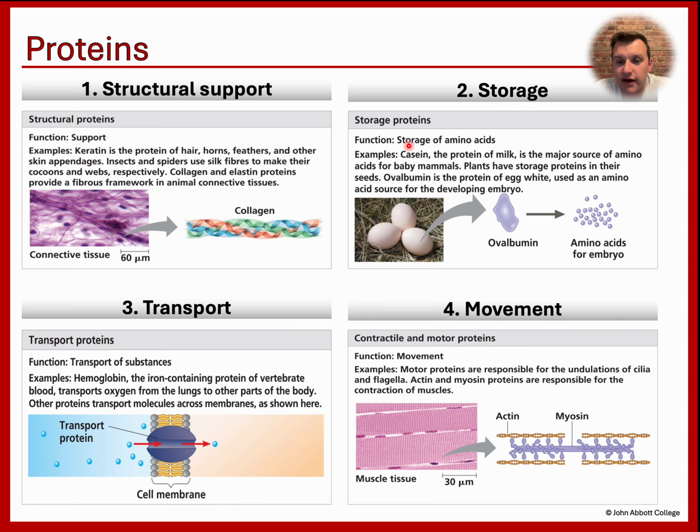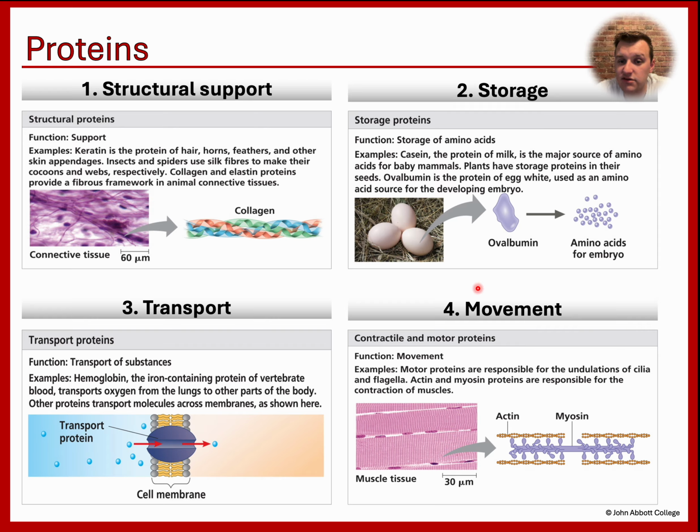Storage. A lot of proteins will be used for storage of amino acids. A specific protein in milk is a major source of amino acids for the baby mammals, right? Also, plants have storage of proteins in their seeds. Ovalbumin is a protein of the egg white that's used for amino acid sources in the developing embryo.